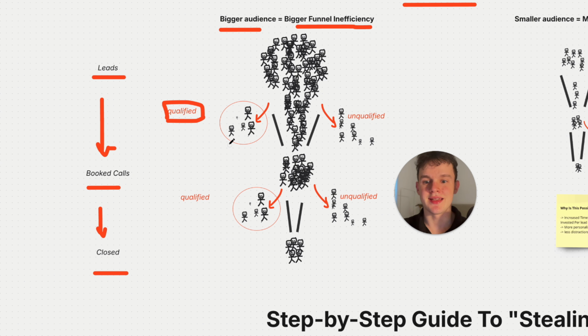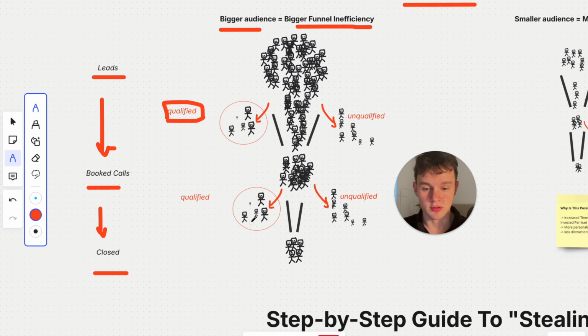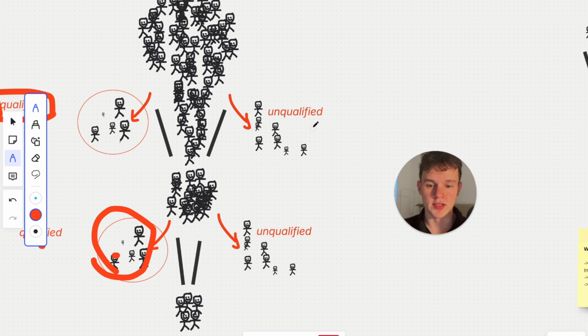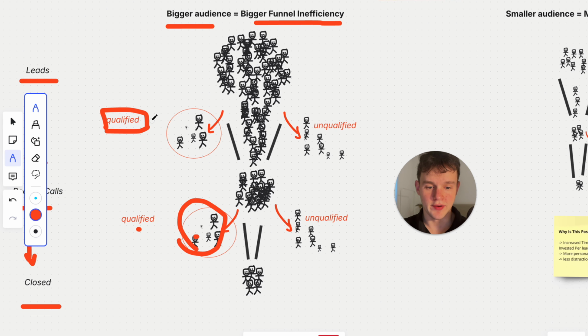This can be because they get ghosted by your appointment setter or by yourself. Maybe they did not enter their information correctly and did not get a reminder email that would remind them to get on the call, and they just fell out of the system right over here. So they have funnel inefficiency where not only unqualified people get filtered out by the funnel, but also qualified people.